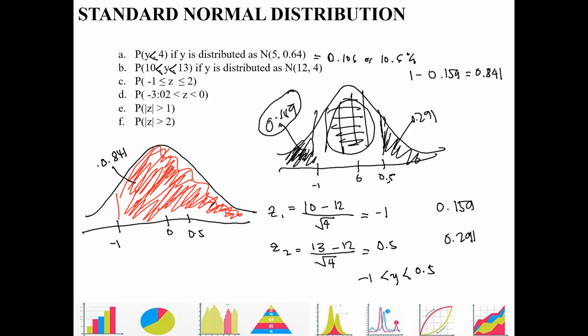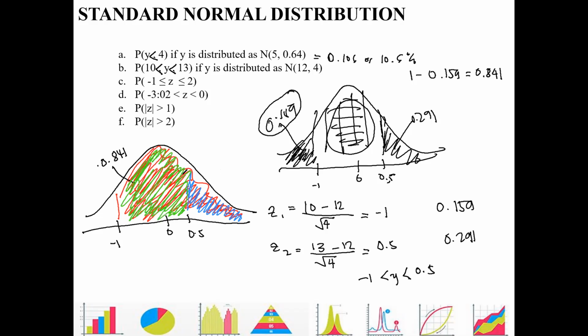Now, balik tayo dun sa value ng 0.291. Ano yung 0.291? Ito naman yon, yung part na yon. So, paano natin makukuha yung desired na value natin na in between negative 1 and 0.5? Itong part na to.